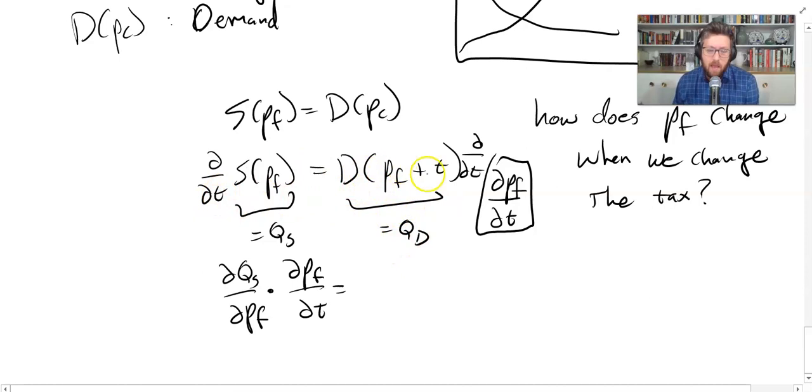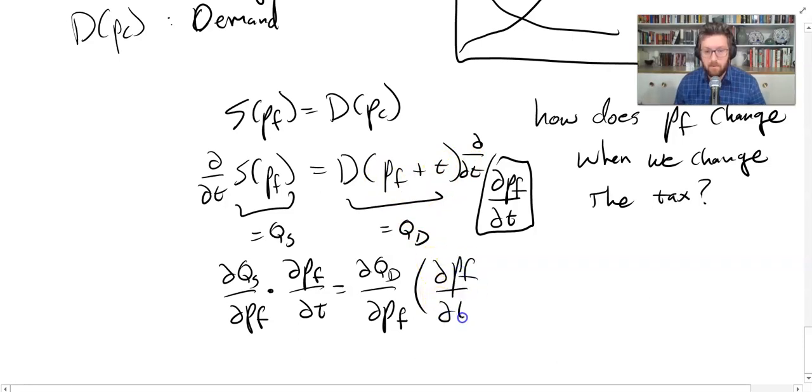Okay. Now on this side, we have the derivative of QD with respect to PF, but then the derivative of the term inside brackets, if we're doing the chain rule, has two parts. We have to take the derivative of this with respect to the tax and the derivative of that with respect to the tax. I realize I'm throwing around the word chain rule.